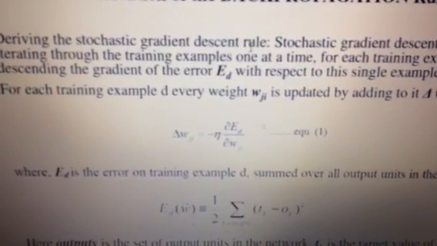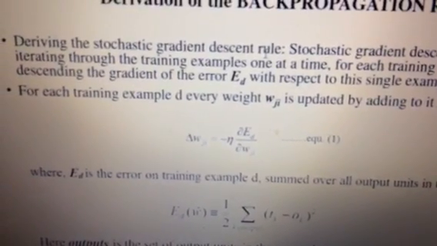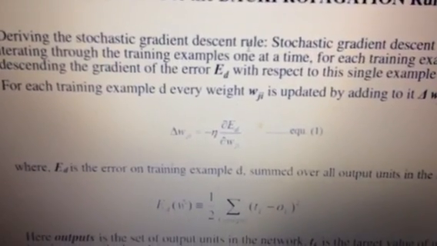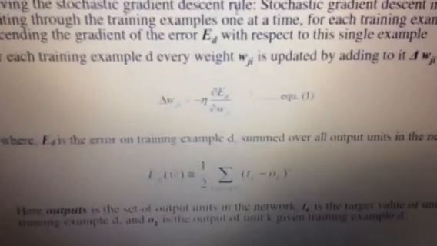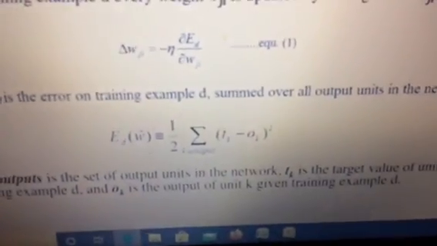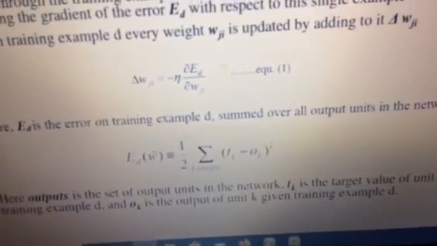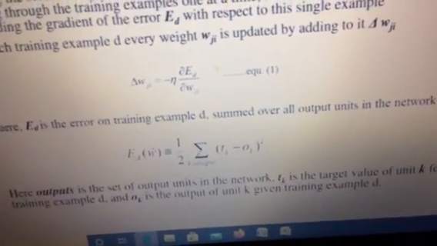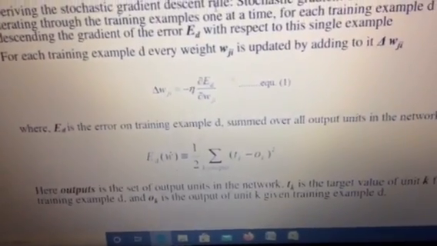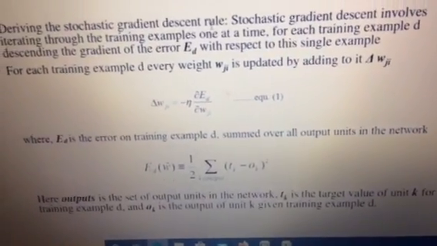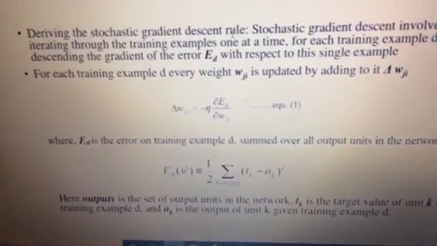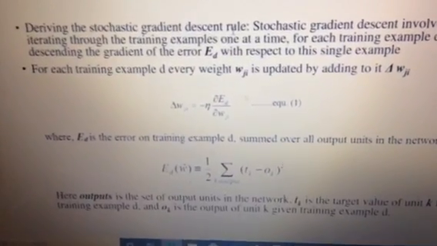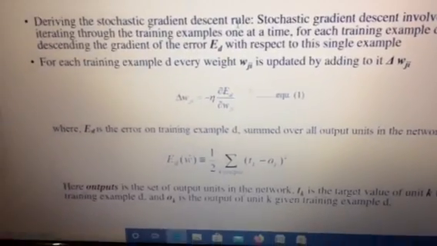Now what is meant by Ed? Ed is the error of a particular training example. So the error of a particular training example, Ed of w vector, is equal to half summation of k belonging to outputs, tk minus ok the whole square, where tk indicates the target value of the k output unit, ok indicates the output of the k unit, and d indicates a particular training example.